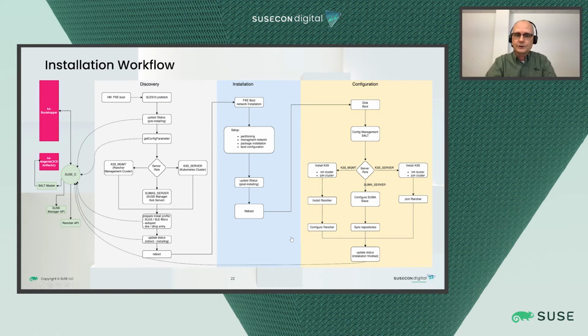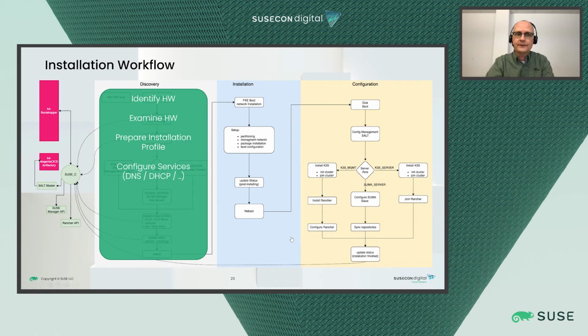A new server, which is set up in the rack, so the physical hardware setup is finished, it's cabled, the network connection is established, will start with the discovery phase. So in this phase, the main task is to identify the hardware. A small Linux is booted via PXE, so it's just a network Linux.